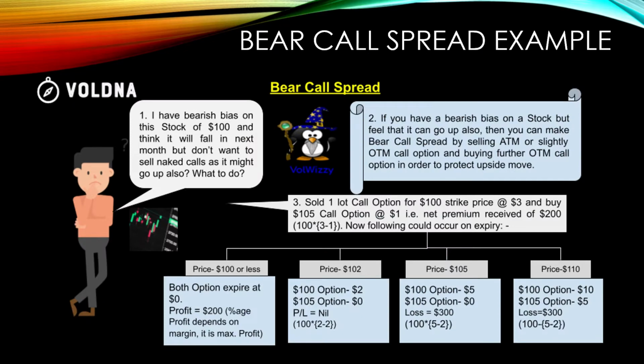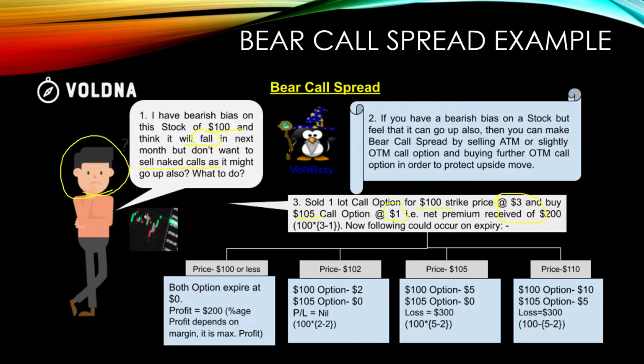So this is a pictorial example of a bear call spread. This person is looking at a stock at $100 and he is hoping that this stock is going to fall, but he also does not want to sell a naked call option. What can he do? He sold a call option at the $100 strike price at $3 per option and bought the $105 call option for $1 per option.